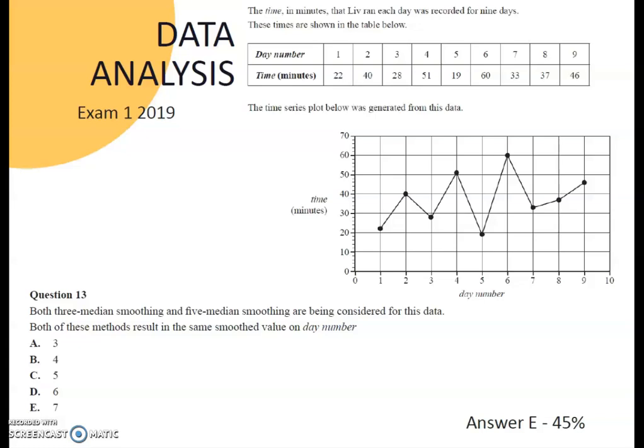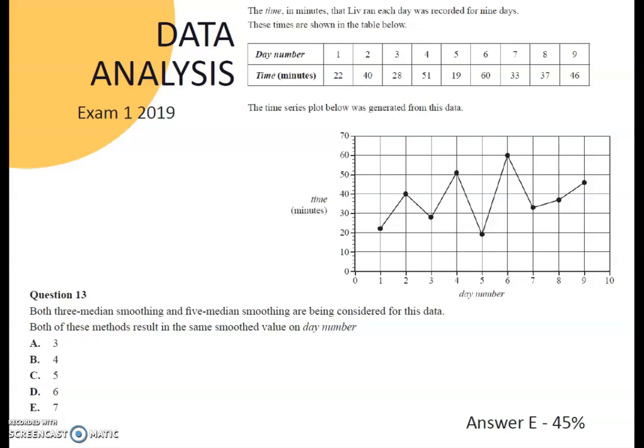If you do have time, what you can do is just do a 5 median smooth, do a 3 median smooth and see where you get that same result. You can either do it graphically straight onto the graph here or using the table of values. But remember, with your median, you need to order the values and find the middle one. So if we do the 3 median, I'm going to do it on the graph.